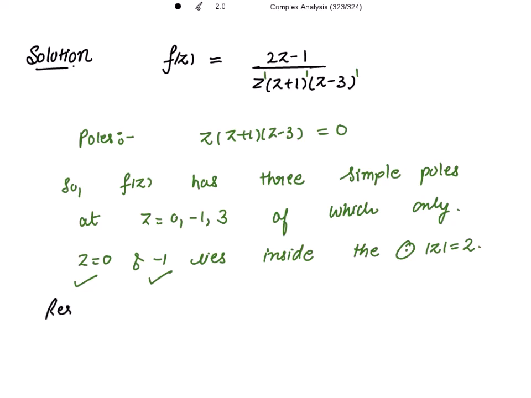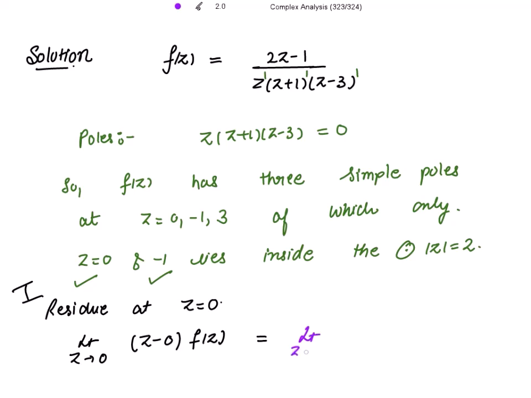So finding the residue at z = 0. That is the limit z tending to 0 of (z - 0) f(z). z - 0 is z.